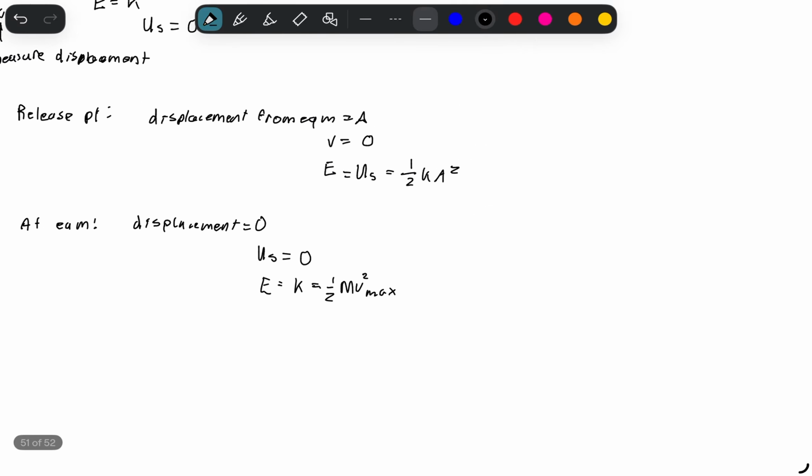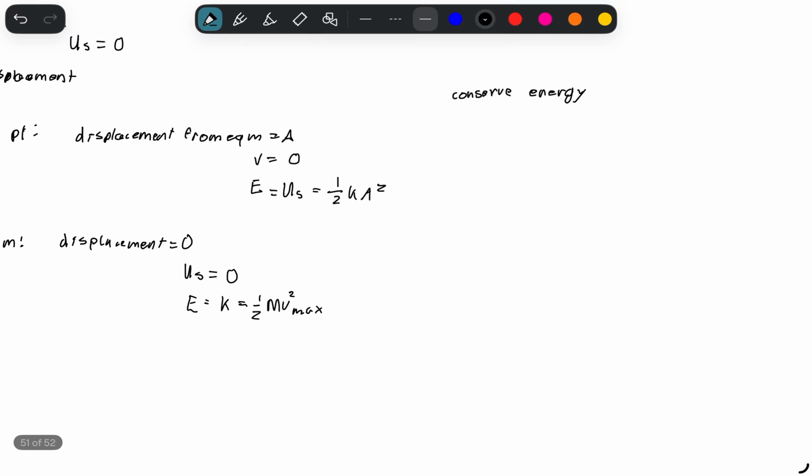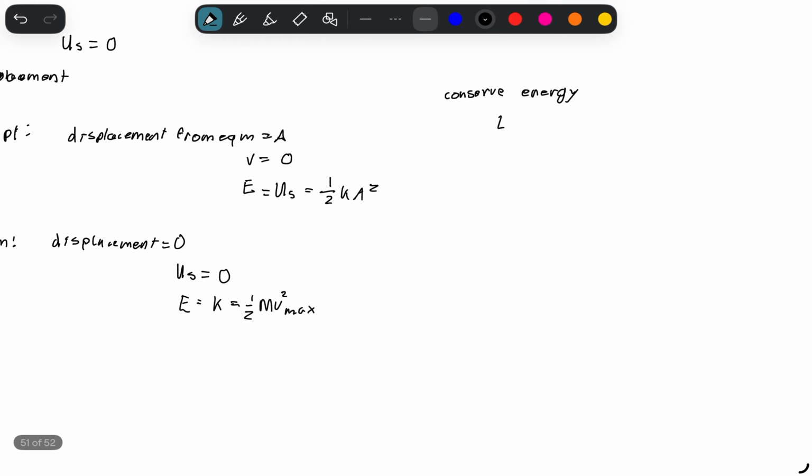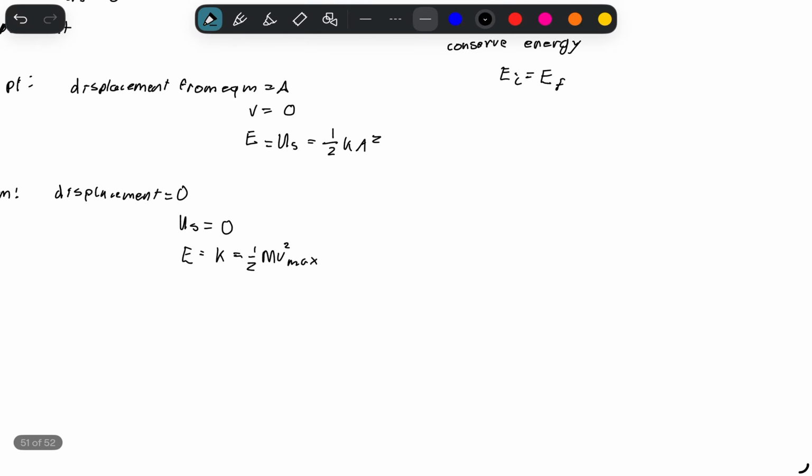Because we know we have conservation of energy on Earth and in our universe, we can set these two total energies equal to each other. So we'll set E initial equal to E final, as in E initial being equilibrium to the release point.